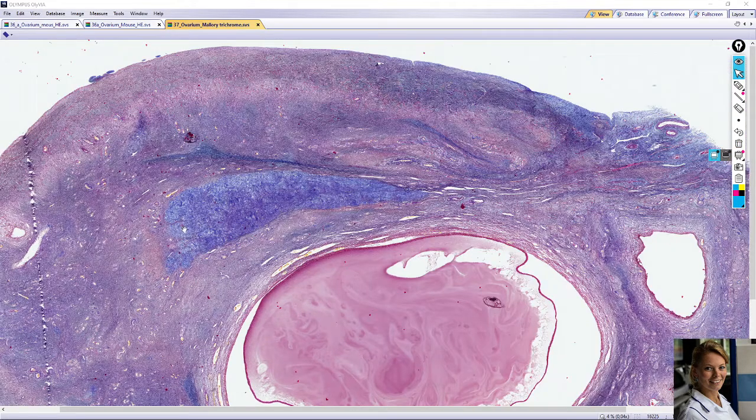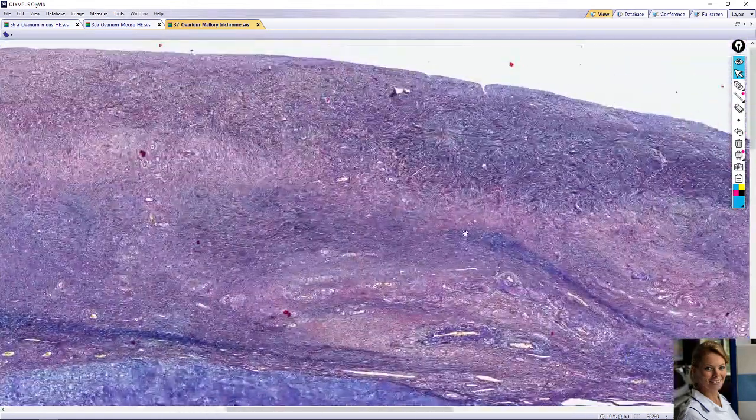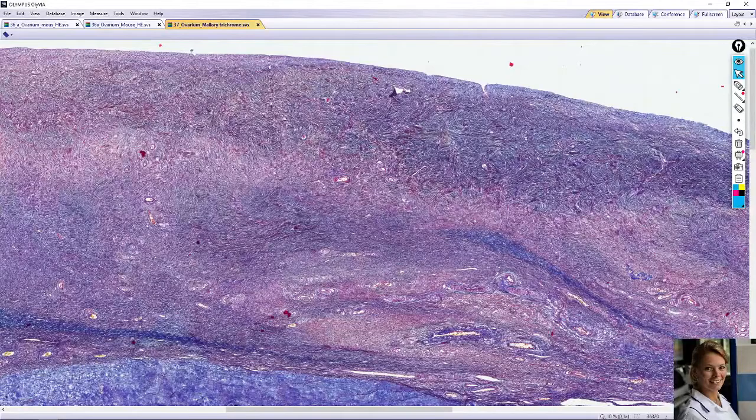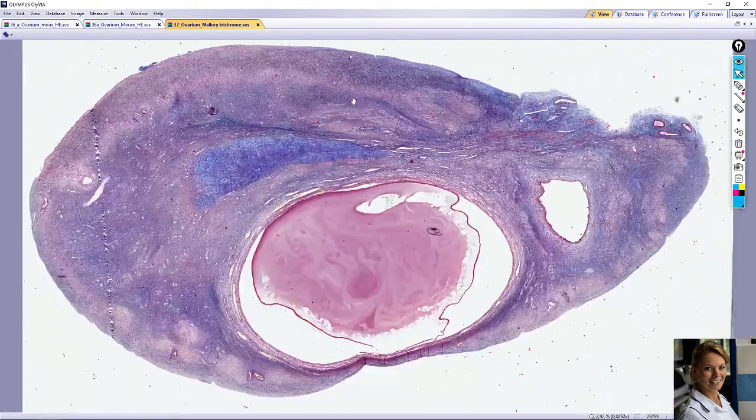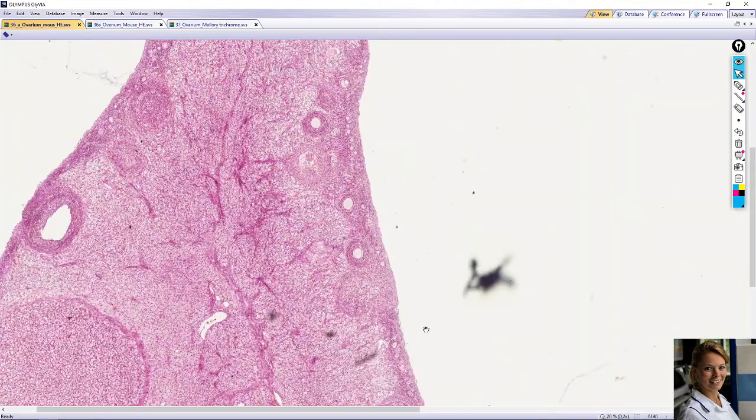This is the early corpus albicans, and this is later corpus albicans. This is the smaller structure. Here is also a scar in the ovary. So that's all for the ovary.